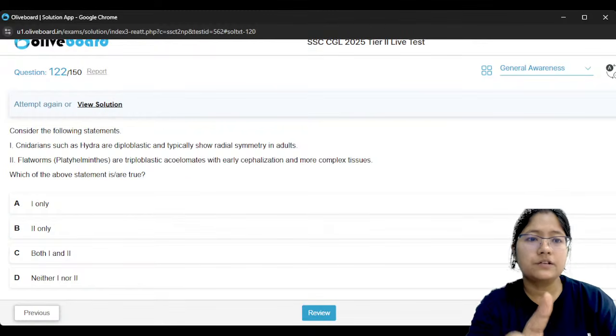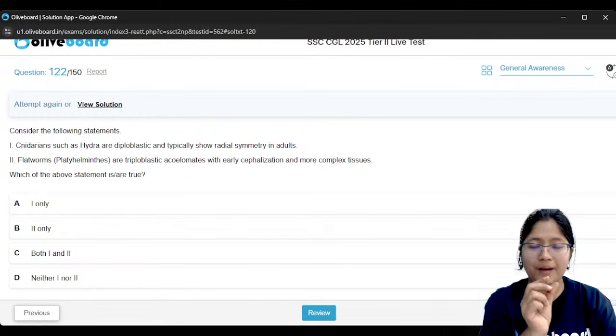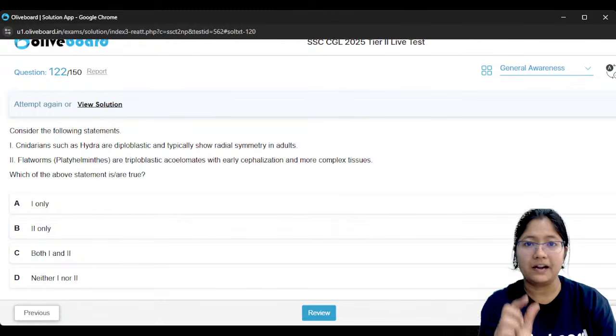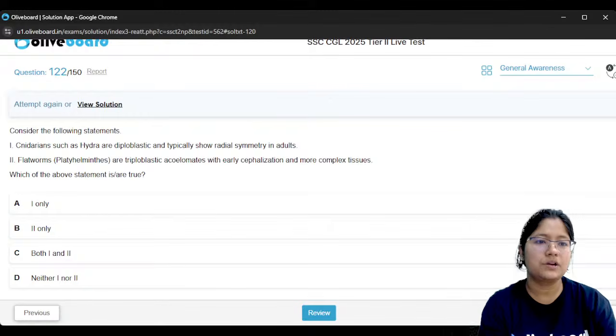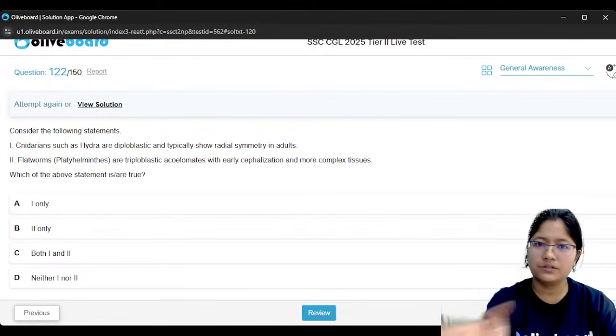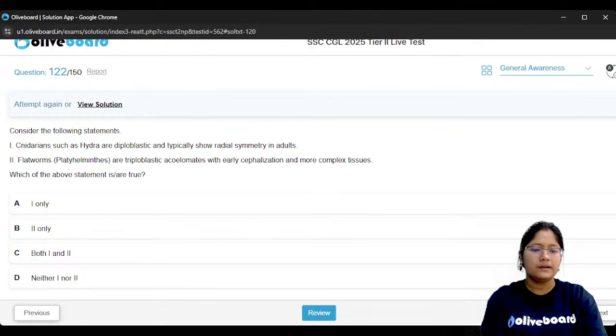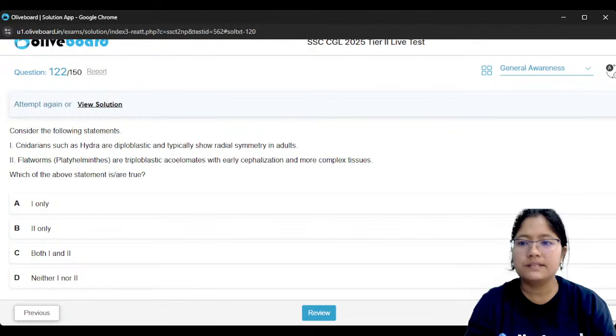So in case of flatworms, by flat only the name comes as Platyhelminthes, right? Like that you can remember. All these tricks I have also discussed in the class. You can refer to that. So both 1 and 2 are correct here. So C is the correct answer.